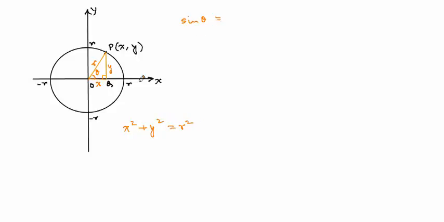Coming back to the sine function, we have sine theta is equal to this over this, which is equal to y over r. Cosine theta is equal to this, the adjacent over the hypotenuse, so that is equal to x over r. And tangent theta is equal to y over x.